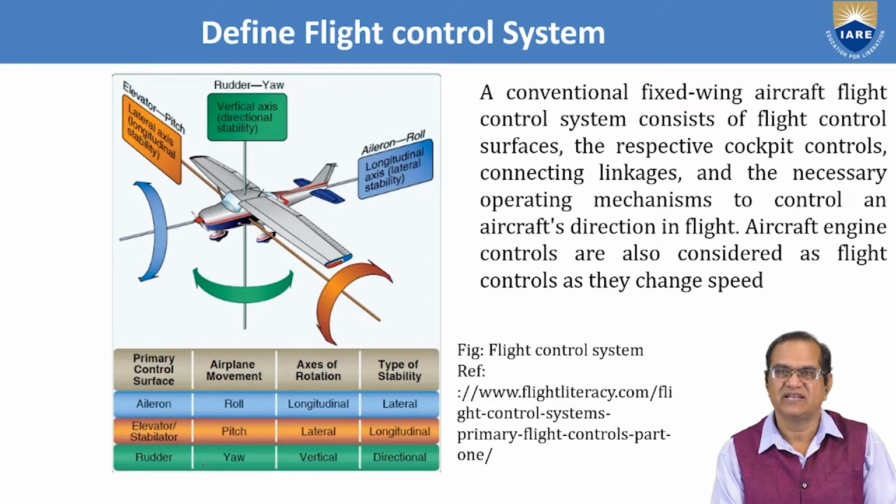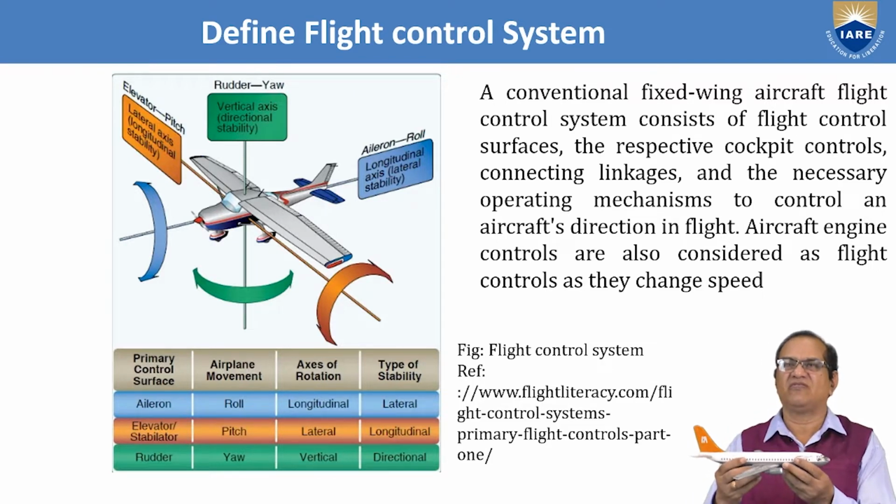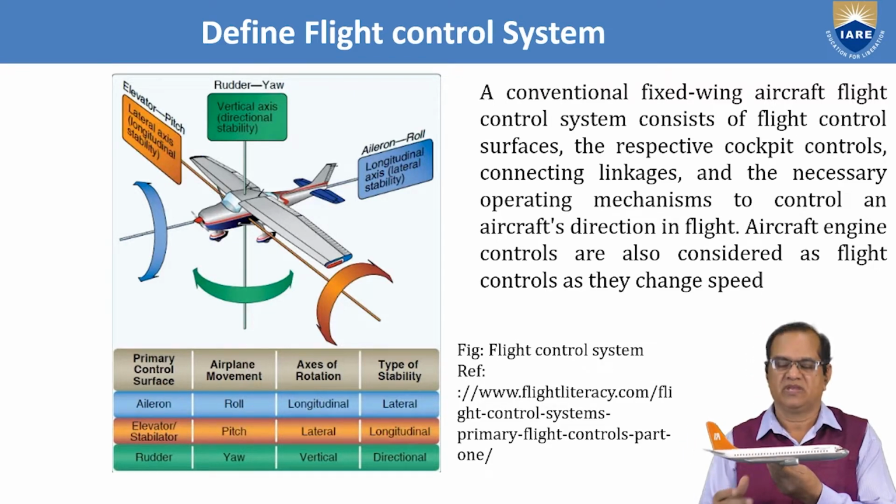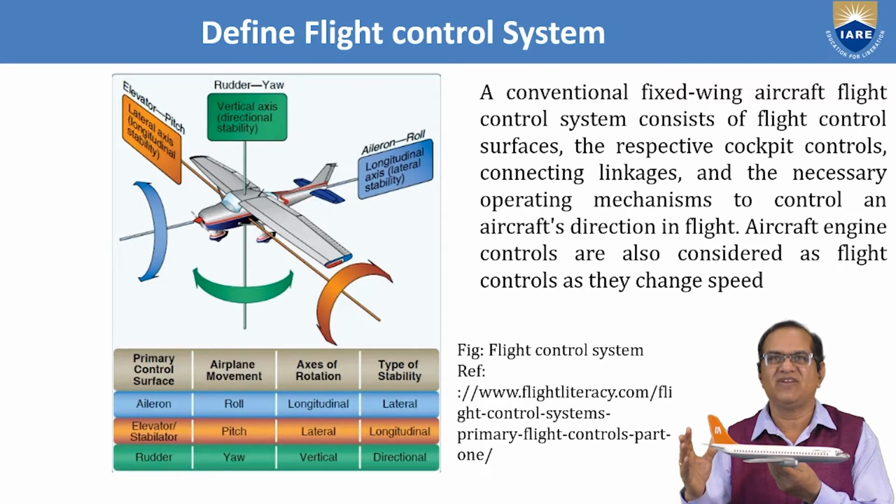The third one is the rudder. It is used for yaw. The axis of rotation is vertical and the type of stability is directional. Let me explain the meaning of this. First, the axes.